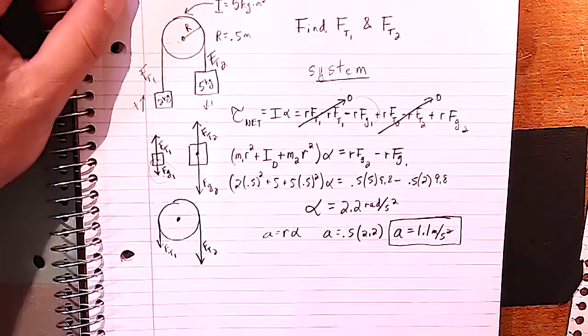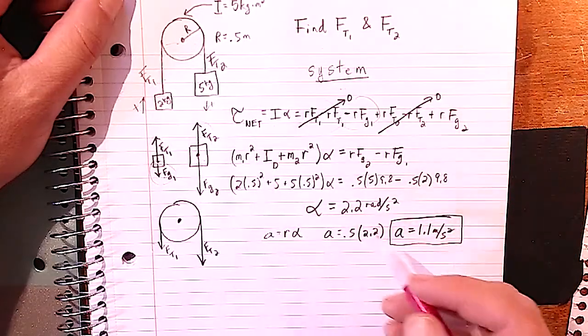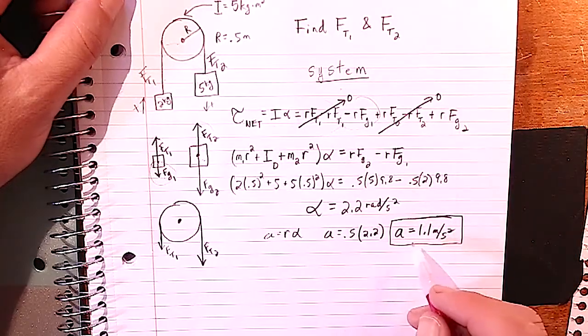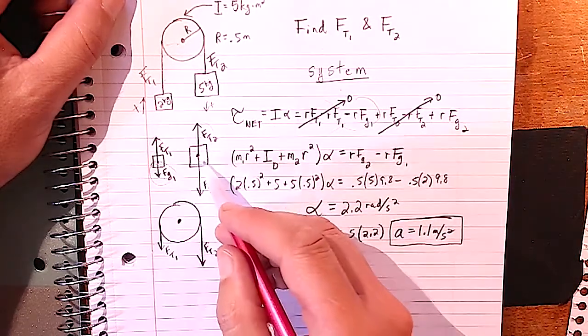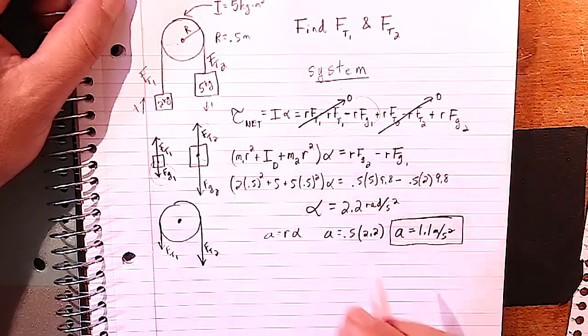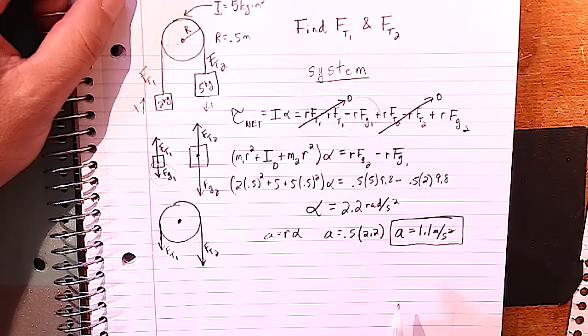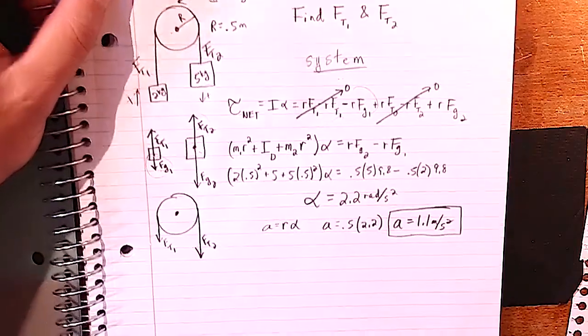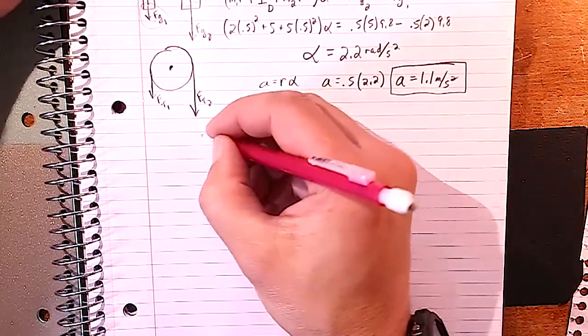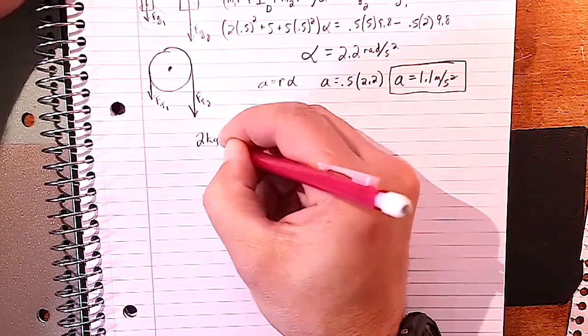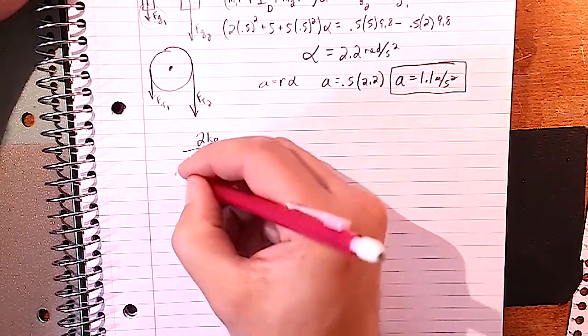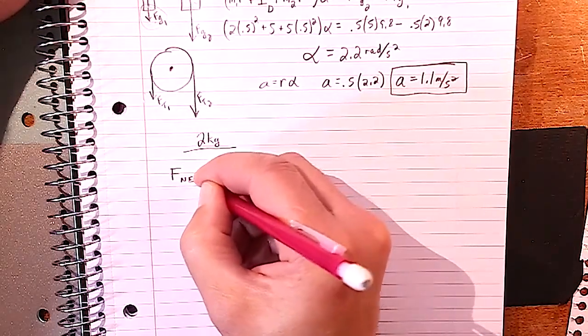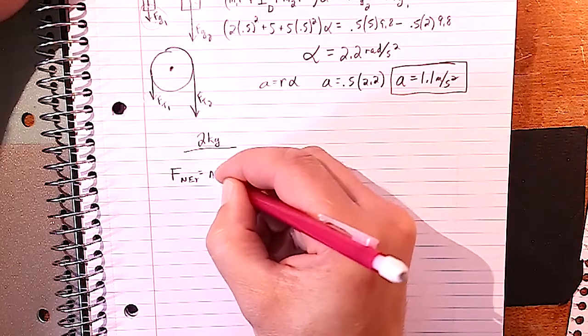So we did a lot of work here to be able to find the acceleration. But the reason this is important is because we can now use it here to find the force of tension. That's the missing value. So let's do this on the 2 kilogram block first. So that's going to be F net equals ma.